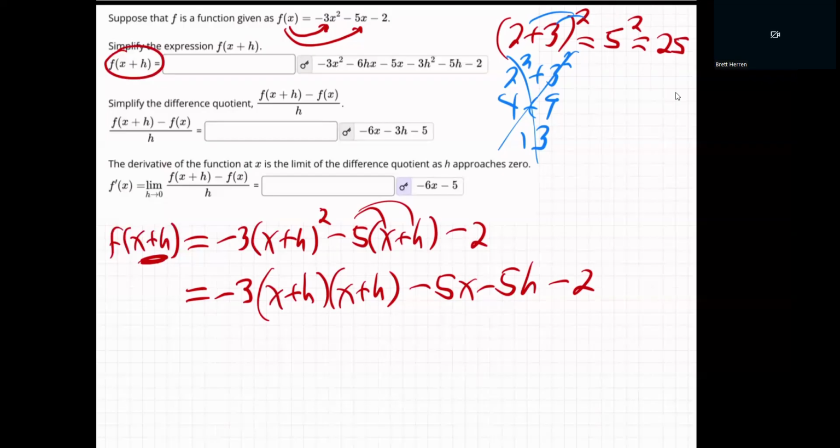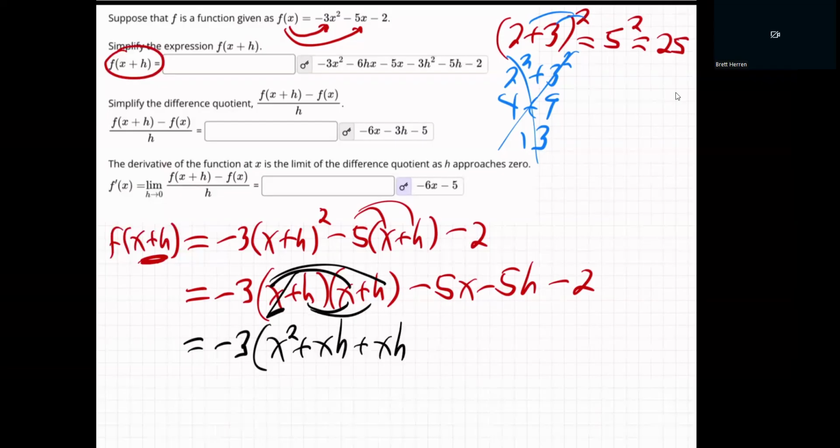I'm going to do a different color. How do you multiply two things by two things? This guy goes first and goes to both. The minus 3 there, I'm just going to let it sit there in the front for a minute. Then this will be x squared plus xh. He's done. And now this guy's going to go to both: plus xh plus h squared. And then we have the part at the back, minus 5x minus 5h minus 2.